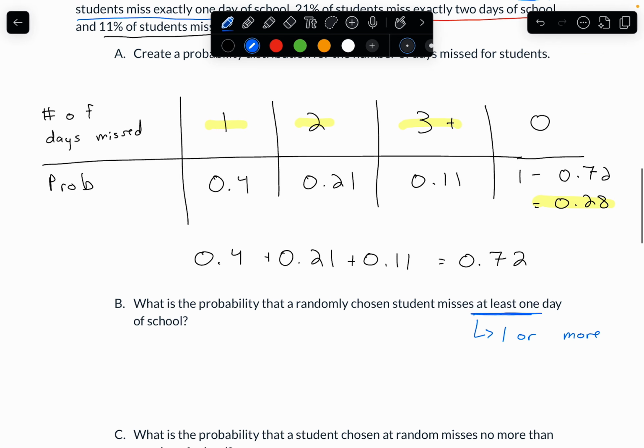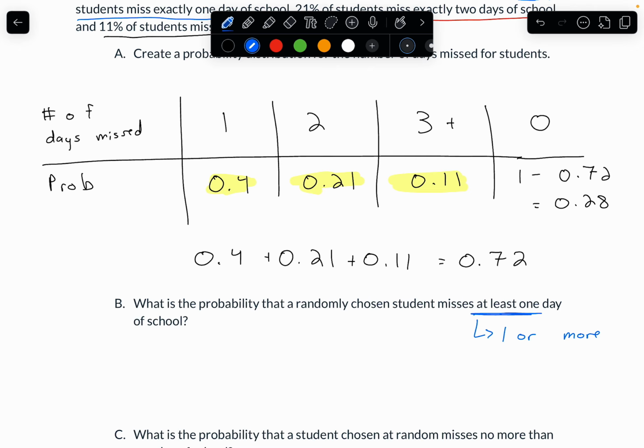So if I look back at my probability distribution, let's get rid of this highlighting so we can focus on this. If I miss at least 1 day, well, 1 is at least 1, so it could be 40%. 2 is at least 1, so it could be 21%. And 3 plus is at least 1, that's 11%. All 3 of these are possibilities, so it could be 1 or 2 or 3 or more.